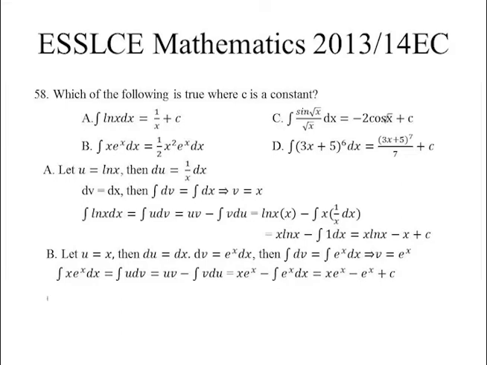Thus, let u is equal to root x, then du is equal to 1 over 2 root x dx. Multiply both sides by 2, and we find 2 du is equal to dx over root x.